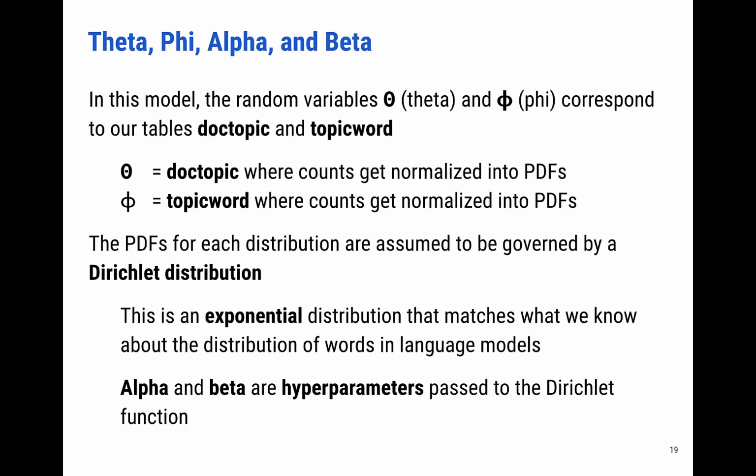But in any case, the doc topic table is the representation of that topic distribution that we talked about, and the topic word table is represented by phi, which is the normalized version of the data that we looked at. And we already saw that each one of these is governed by a Dirichlet distribution, which you can imagine as an exponential distribution that matches what we know about the distribution of words in language models, for example.